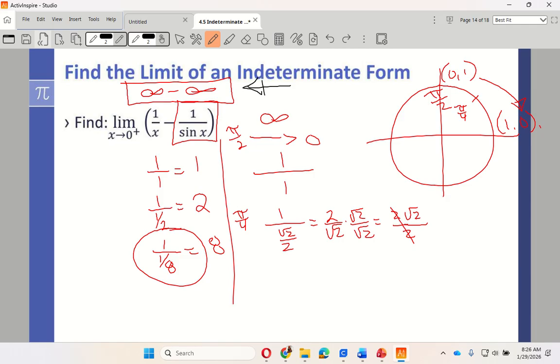All right, so we take that one right there, and then we find the derivative of each. I'm going to rewrite the problem.